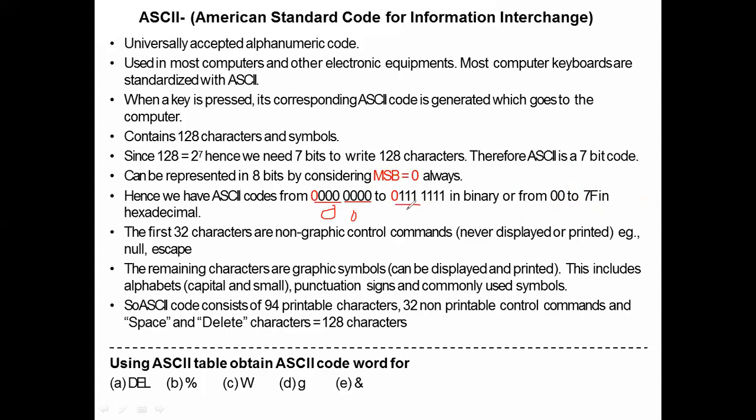So what is the equivalent hexadecimal code? 7. Okay, amma. 1, 1, 1, 1 will be represented as F in hexadecimal. Okay, amma, 00 to 7F. In this way, we get these numbers 00 to 7F in hexadecimal. Okay, amma. Do you understand?